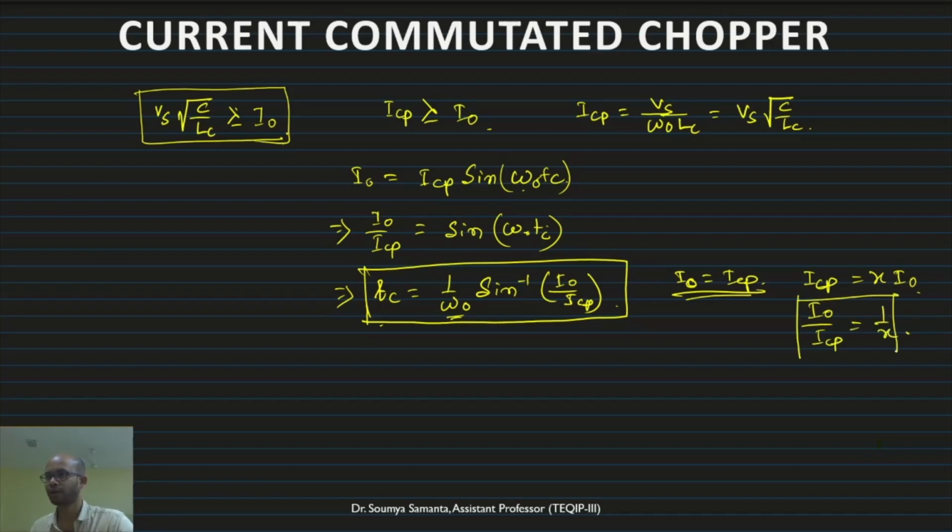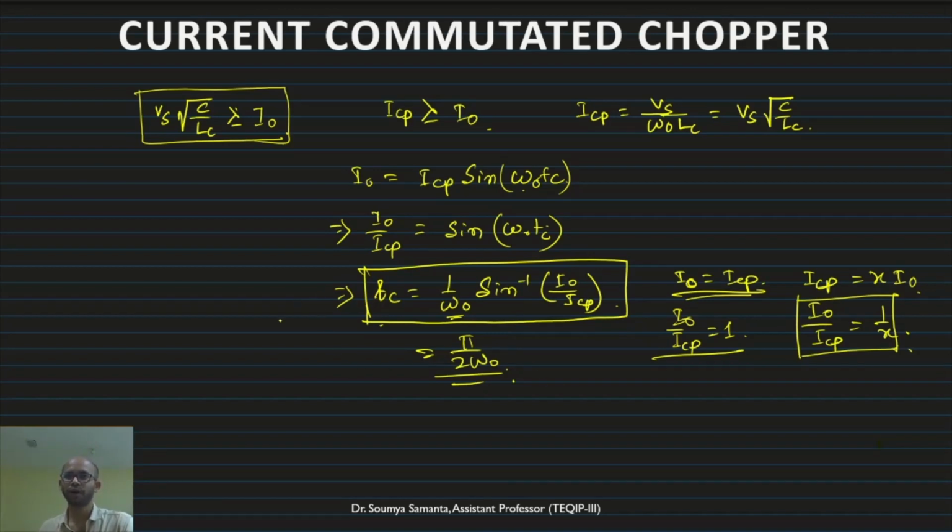If x is known to us, we can put in this value and find omega naught. And if they are equal, then I naught by ICP will be 1, and this part will be pi by 2, so basically pi by 2 omega naught. This will be the expression Tc. So we have to have the information of omega naught.